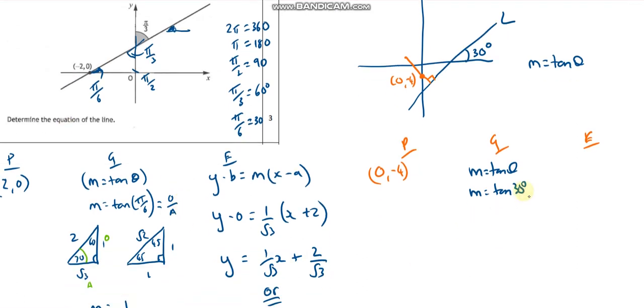So 30 degrees over here, opposite over adjacent is going to be m equals 1 over root 3. Okay, tan of 30, opposite over adjacent. There's my 30, 1 over root 3. So that means that the perpendicular gradient is going to be negative root 3. And then we're into the equation. y plus 4, take away a negative, is negative root 3, x take away 0. So y plus 4 equals negative root 3 x.